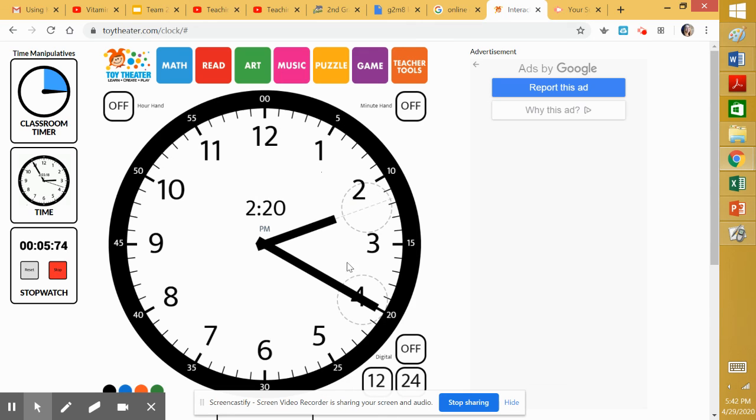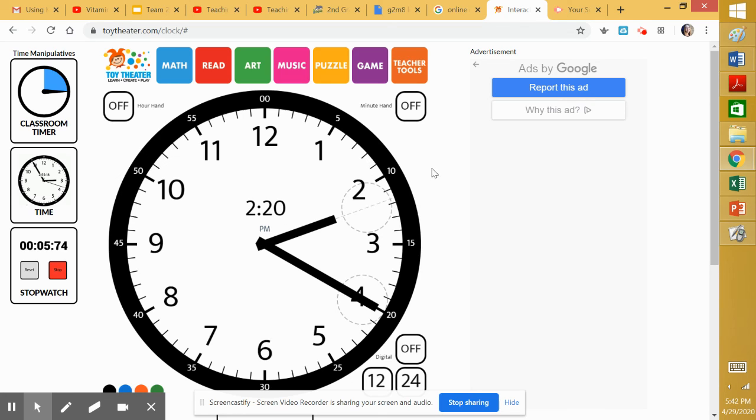Now we have to count how many minutes past 2 it is. Remember, each number on the clock stands for 5 minutes. 5, 10, 15, 20. So it is 2:20. If you're writing it in numeral form, it would be 2, colon, 20.